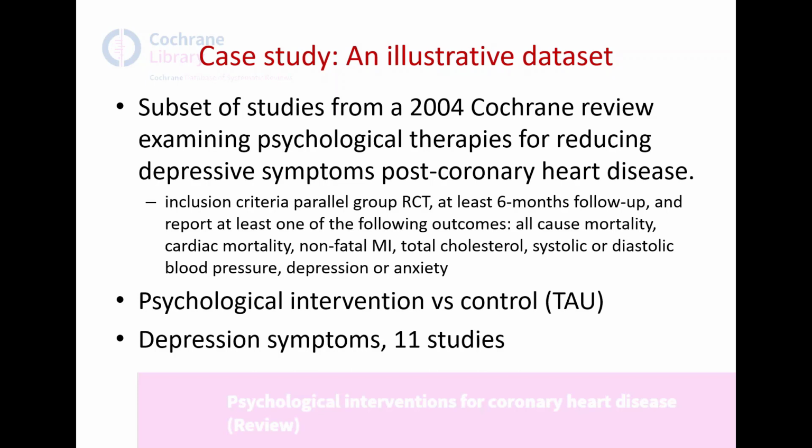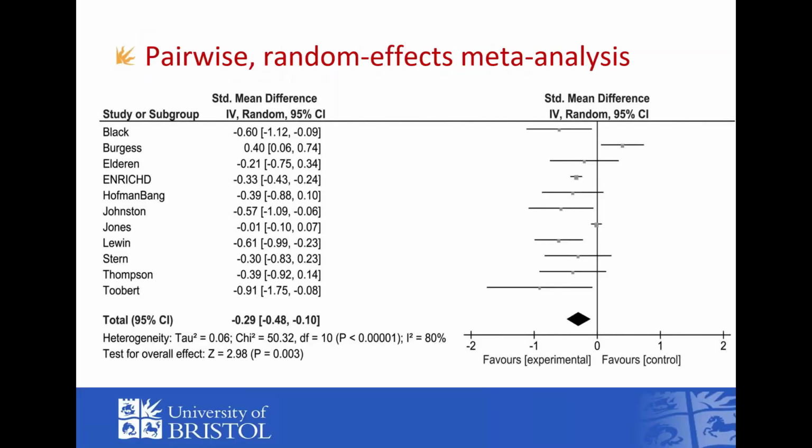And this was a much wider review, but there were only 11 studies that reported the depression symptoms. So these 11 studies were combined in a meta-analysis using a random effects inverse variance model, and the standardized mean difference is used as the summary effect measure.